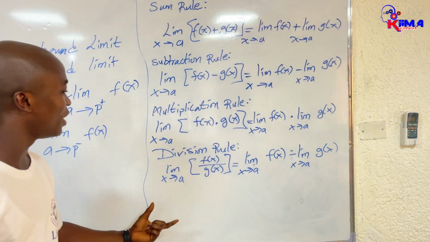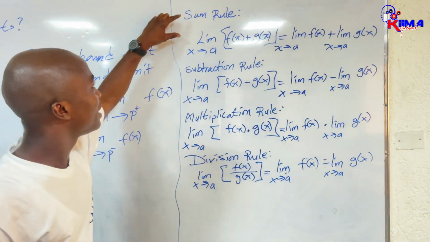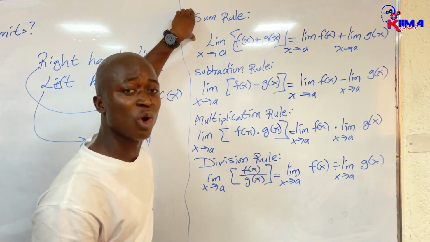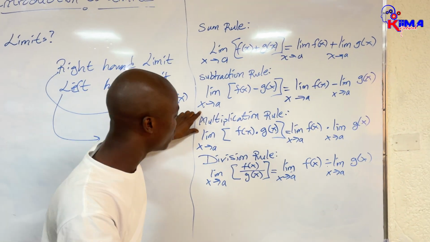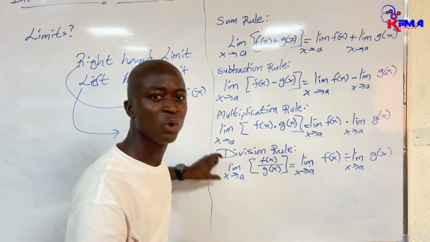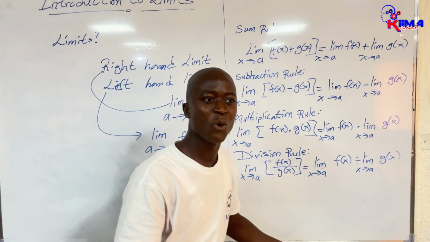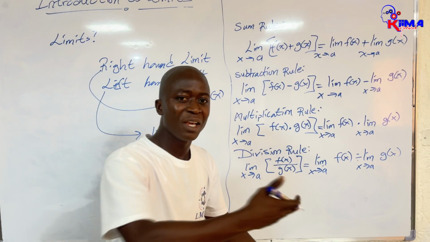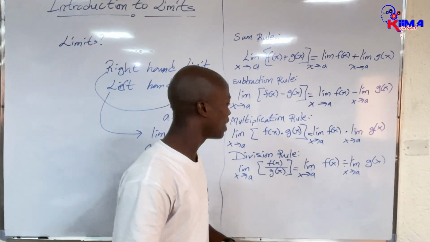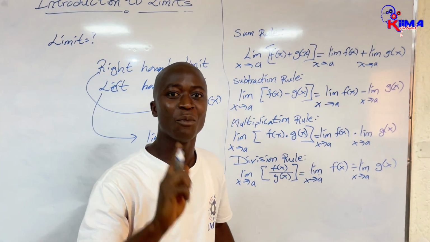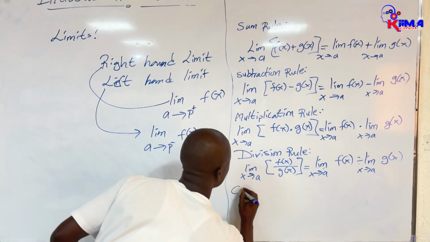We just dealt with the addition rule, which we call the sum rule, the subtraction rule, the multiplication rule, and the division rule. What about the constant multiple rule? What if we have a constant value when we solve a limit? There's a rule that is applied to it, which we call the constant multiple rule.